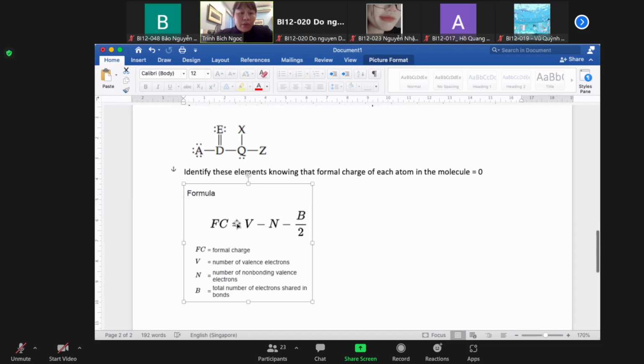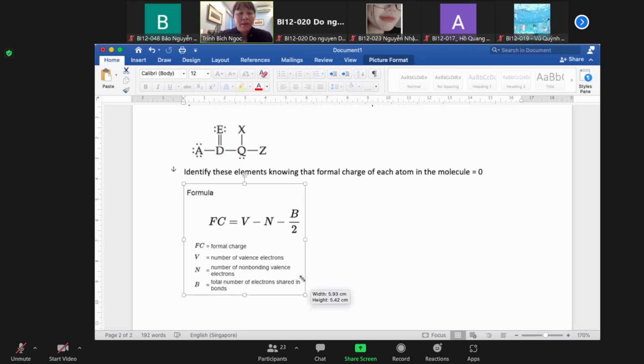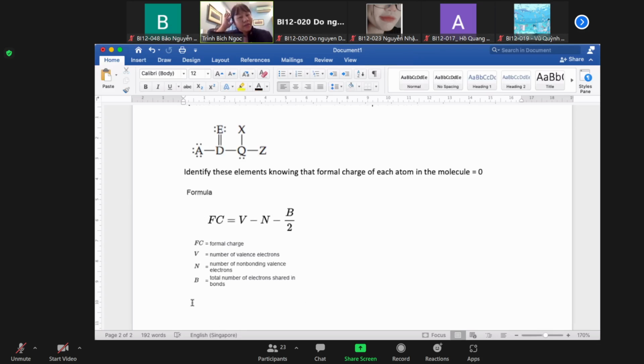The formal charge equals the number of valence electrons that each atom has initially, minus the number of non-bonding valence electrons, the points here we call non-bonding valence electrons, and then minus the total number of electrons shared in bonds, the total electrons of the bonds surrounding this element, divided by 2. So you can find the formal charge of each atom.